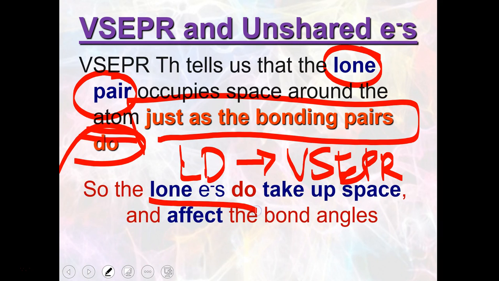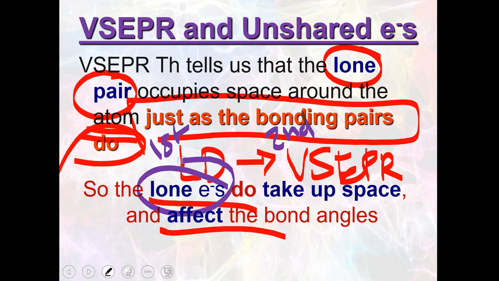Because those lone pair electrons take up space, they're going to affect the bond angles. So you always have to do Lewis dot first, then VSEPR second, because you've got to find out if that central atom has any lone pairs of electrons.